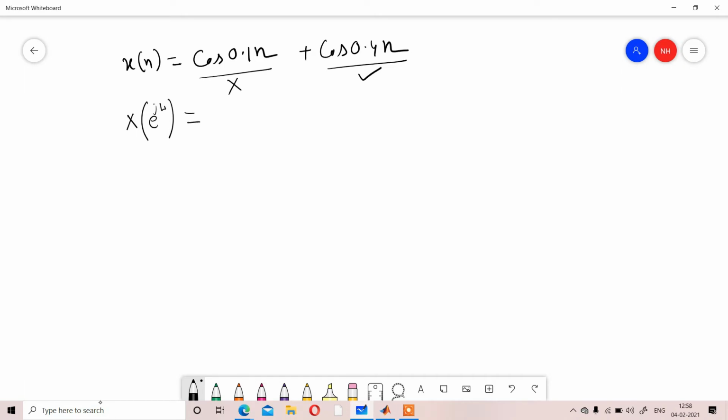After calculating x e to the power j omega, you will check the frequency response. Depending on the frequency response, you will design h e to the power j omega. So in h e to the power j omega, you will get two frequencies, because first omega is defined by 0.1 and second omega is defined by 0.4, that is cos omega 1 n plus cos omega 2 n.